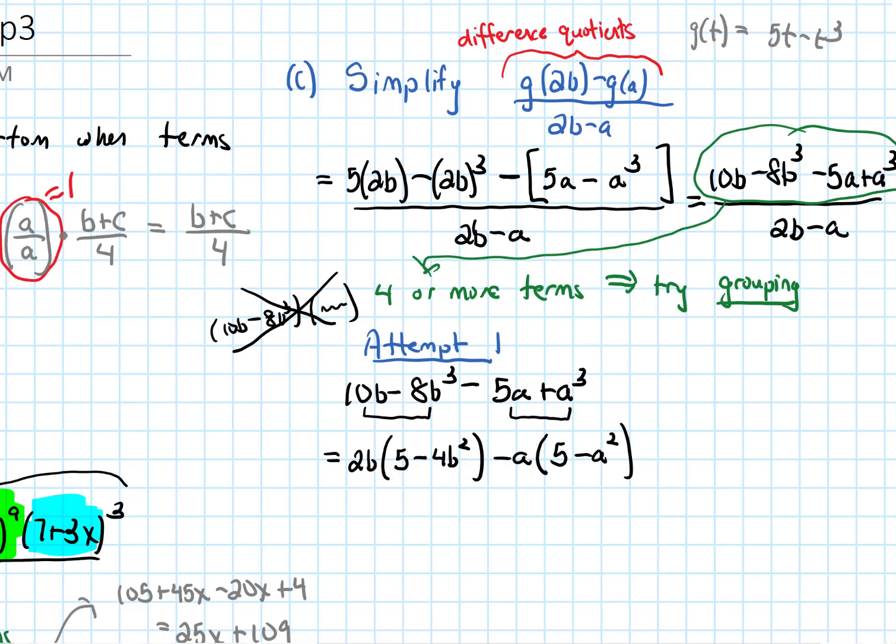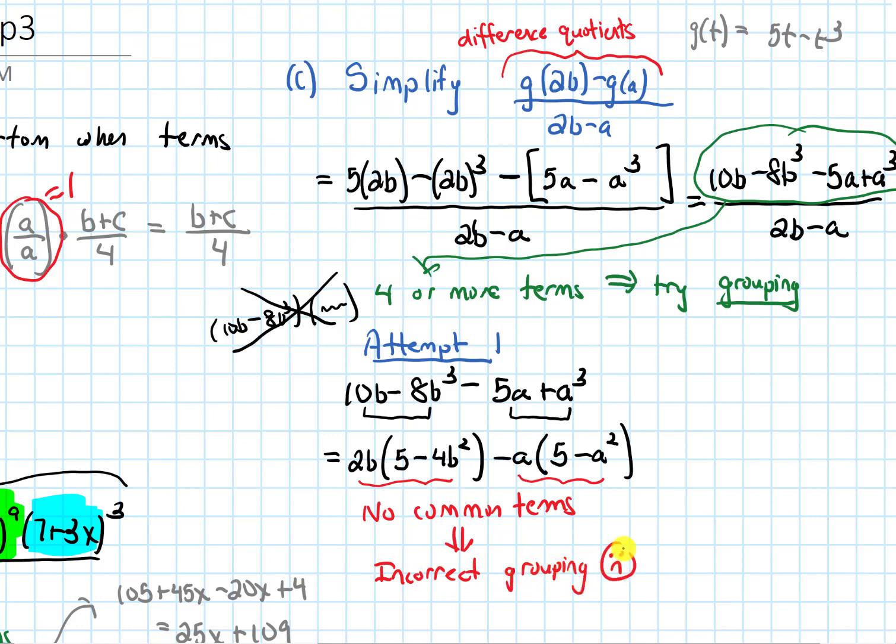At this point, I notice that when I look at this first group and that second group, there are no common terms. And if there are no common terms, that just means it is an incorrect grouping. It doesn't necessarily mean that it doesn't factor. It might factor, but maybe we just got the wrong grouping. Incorrect grouping.